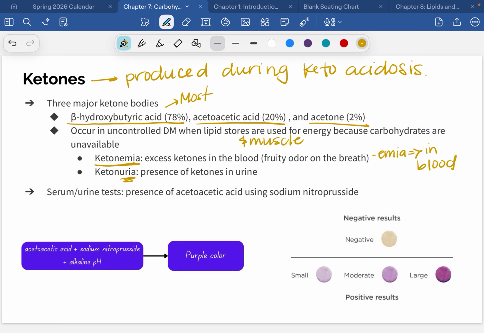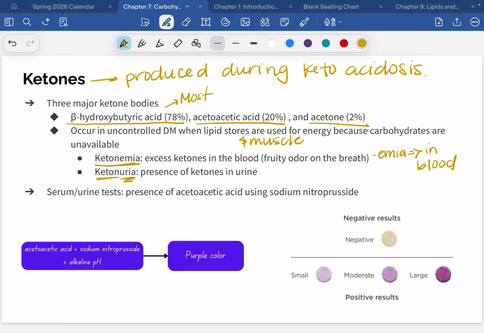And these ketones actually produce kind of a fruity odor. Fruity is a weird term for it, but if you've ever smelled acetone, acetone smells kind of fruity. It's a weird, like astringent smell, but if you smell acetone, it does have kind of a fruity undertone.